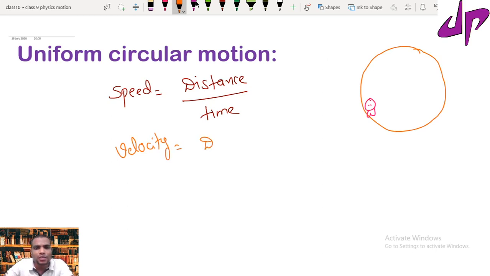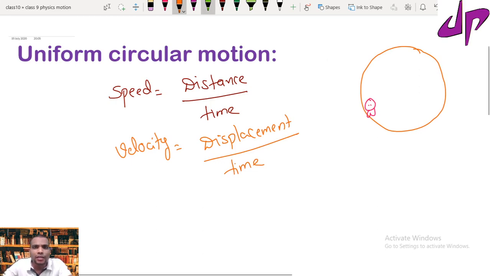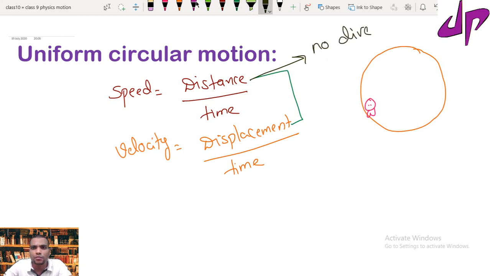Velocity is nothing but displacement upon time. Now, let us recall the difference between distance and displacement. Distance does not have direction, it means no direction. But displacement has direction.